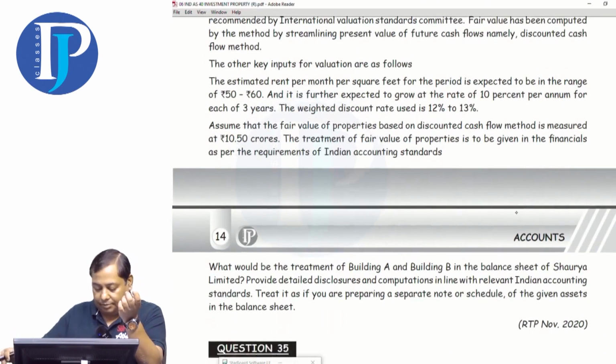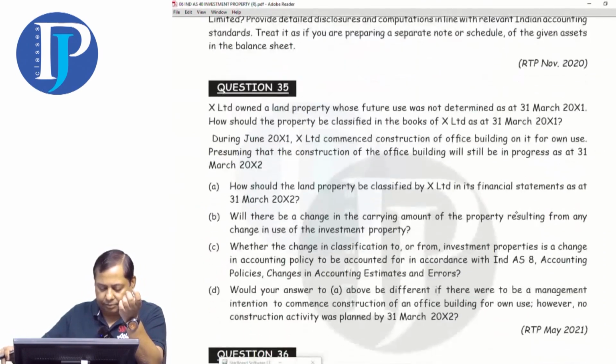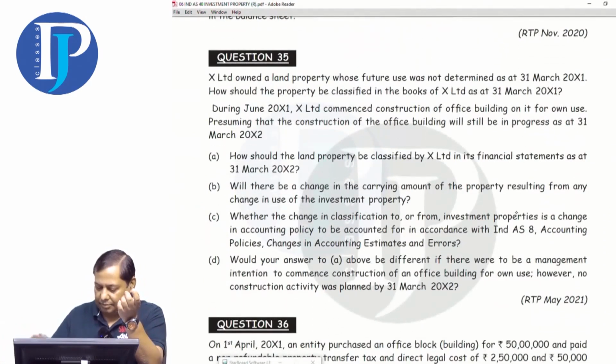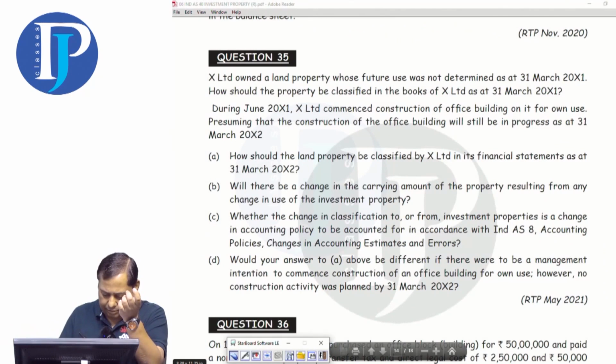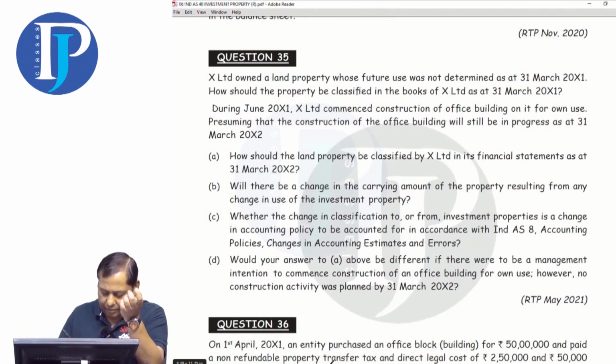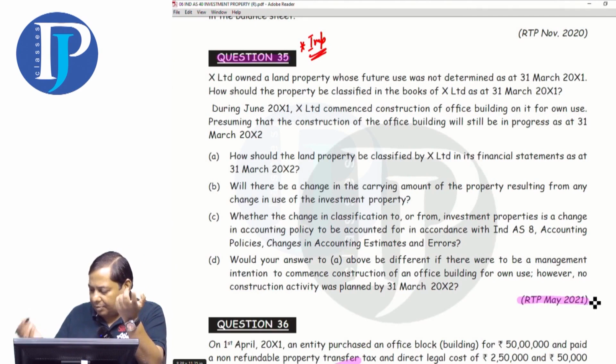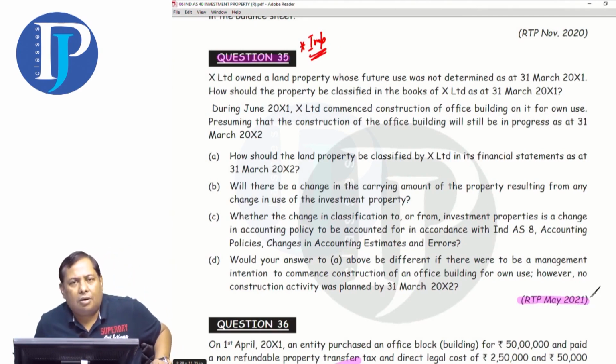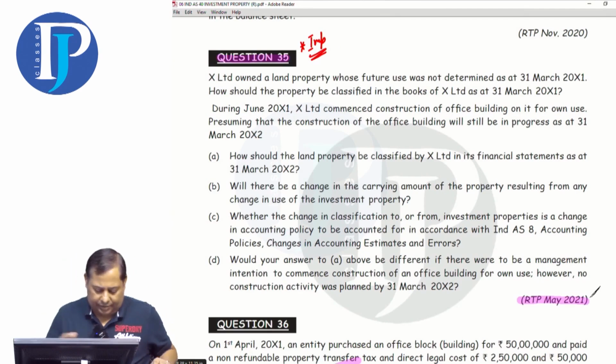After that, question 35. Mark this as important. This question was asked in one of the RTP. This same question from RTP was asked in one of the exam as well.